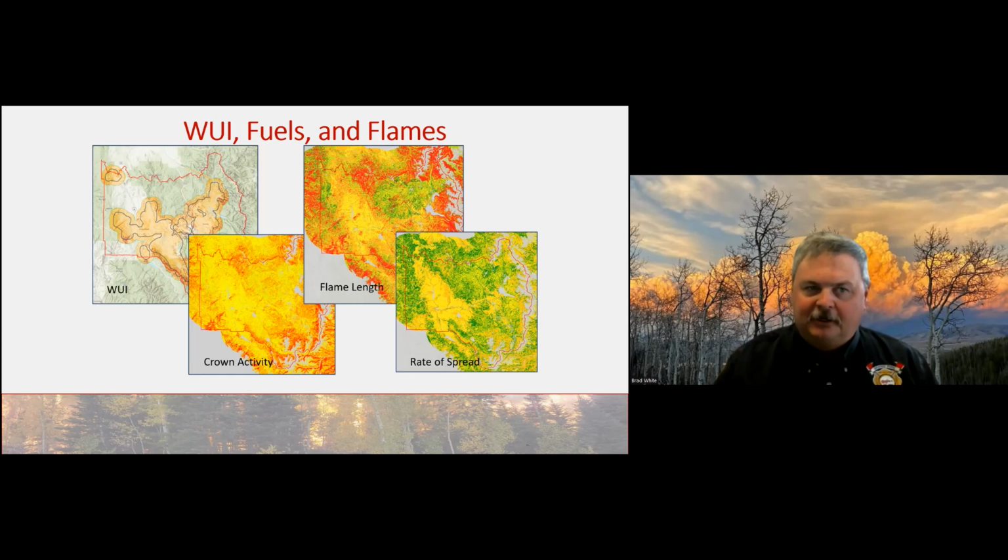We've also spent a lot of time with some of our federal partners and their fuel modelers, trying to identify the right fuel model to use in these maps, not the traditional lodgepole, but really the timber and slash type fuel model that we've got here in Grand County now. So go ahead, Scott.